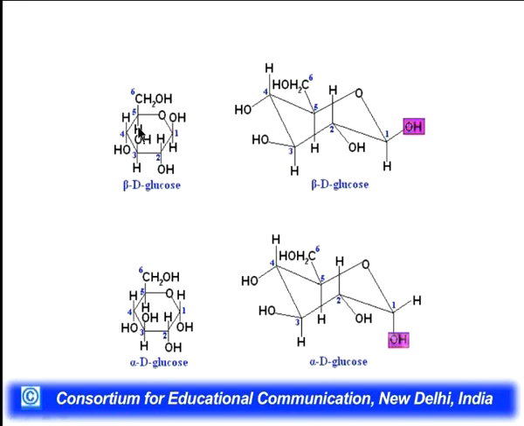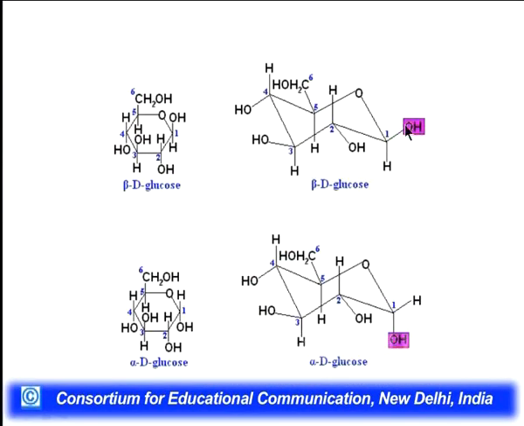So this was the Haworth projection. Now when we talk of the chair conformation, in the chair conformation of beta D-glucose, OH is present at the equatorial position, whereas in the case of alpha, it is present at the axial position here.